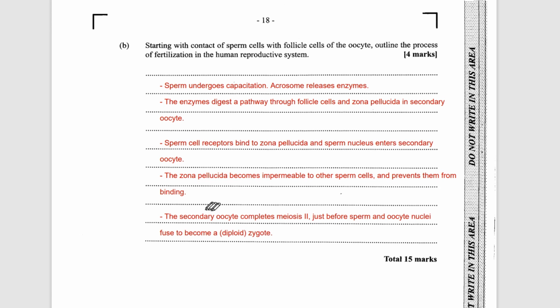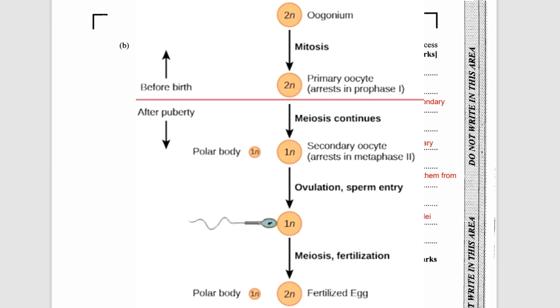The secondary oocyte completes meiosis 2. There's a whole story in itself, but basically the secondary oocyte only finishes up meiosis 2 when it is fertilized, and then it becomes an ovum.